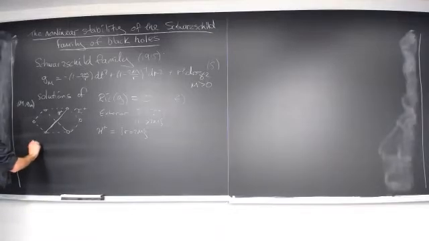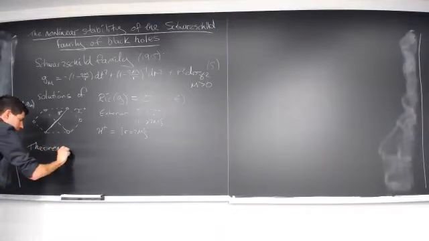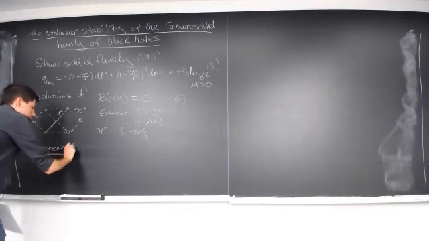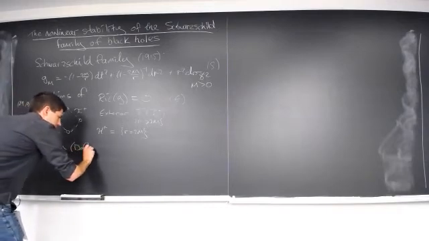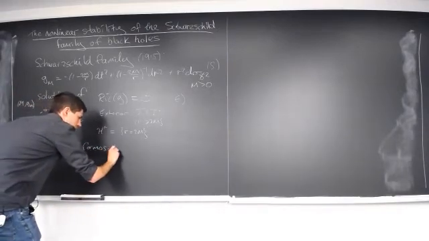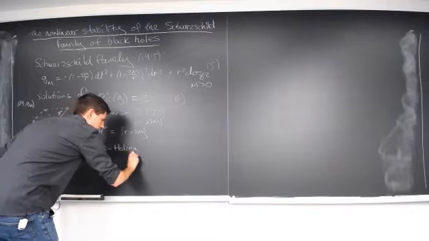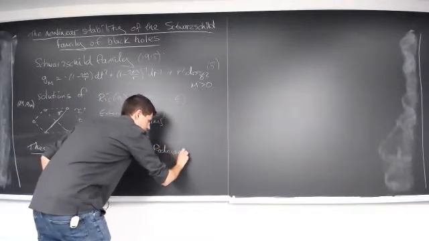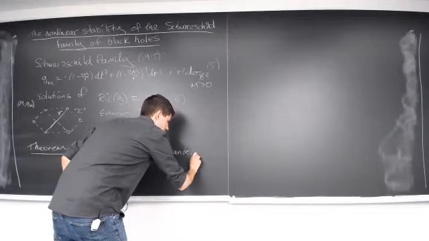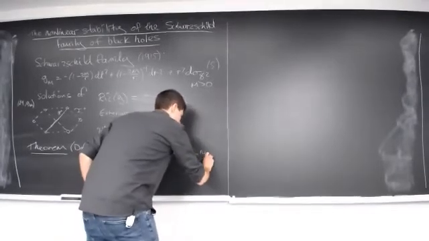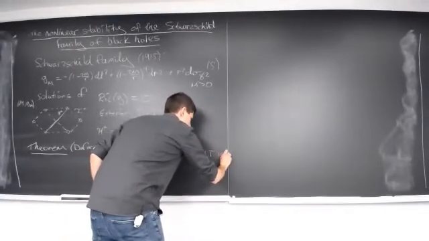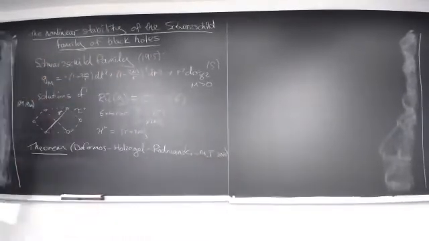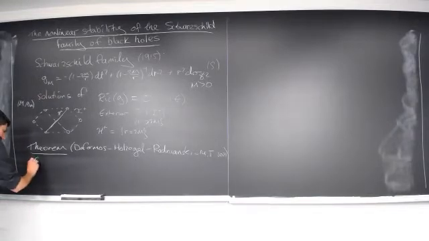So in these lectures, I'll talk about a theorem, which is joint with Dafermos, Holzegel, and Rodnianski, last year. And the theorem says, yes, Schwarzschild is stable in the exterior.